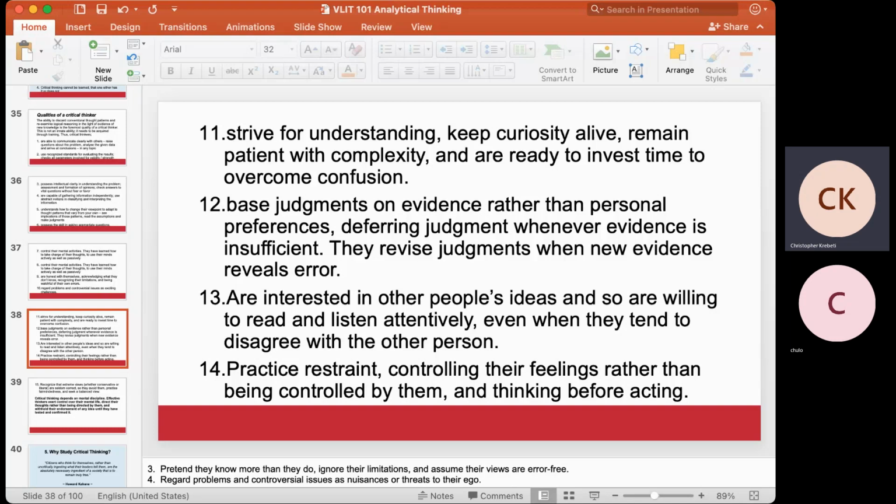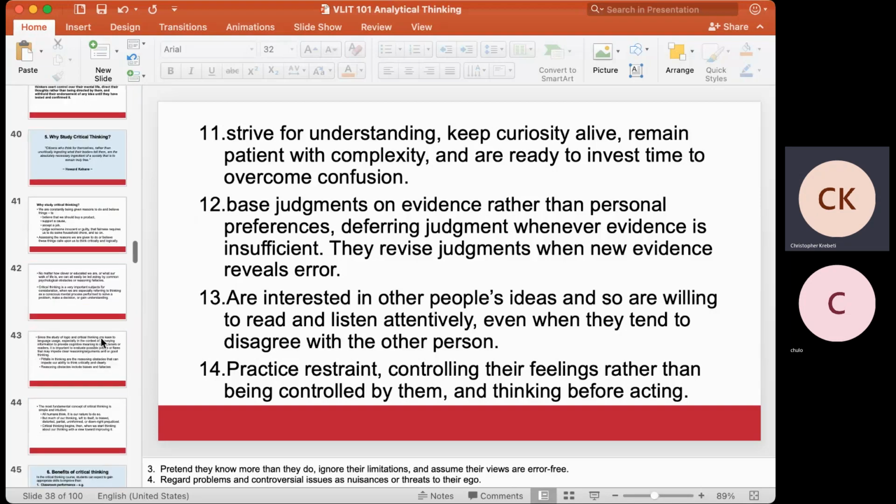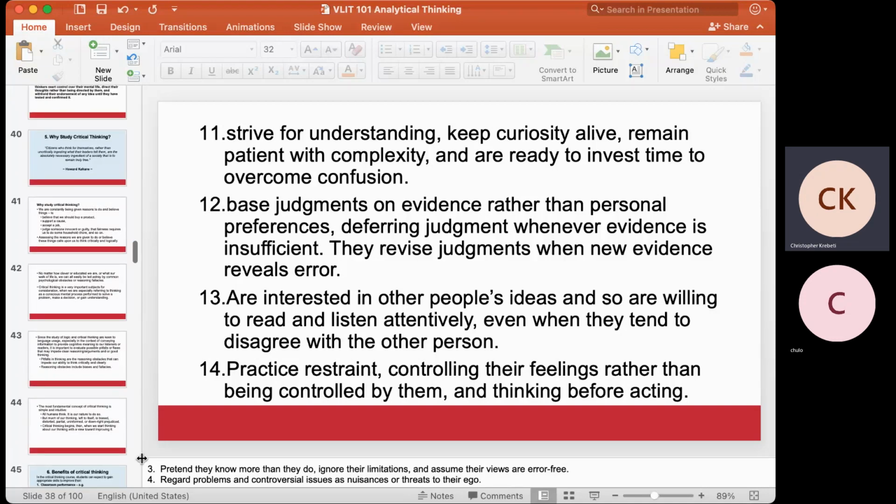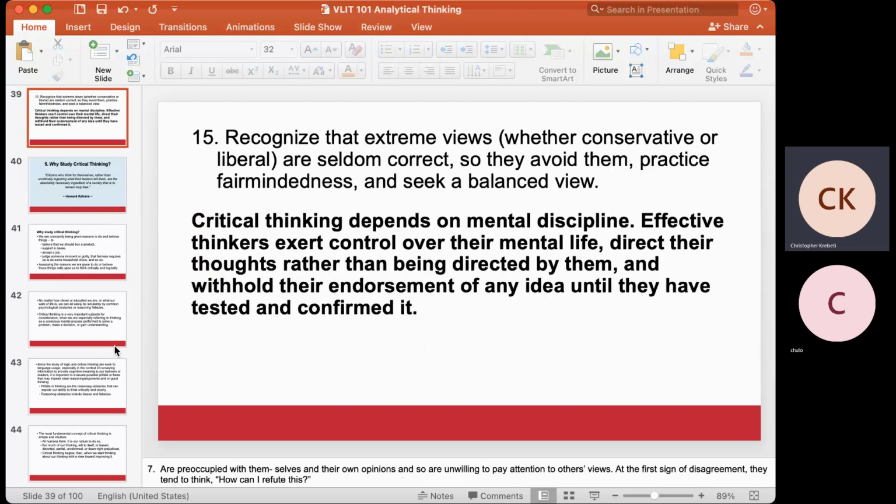There are those who will never think before acting. Why? Because they have not restrained their feelings. Feeling is not a good ground for passing judgment. So we can't use feeling to do anything, and we need to watch out for all of this.